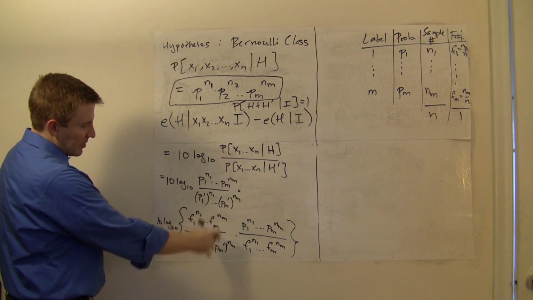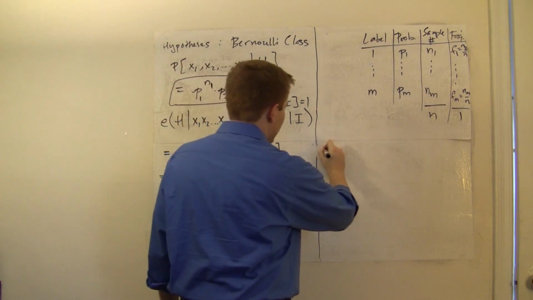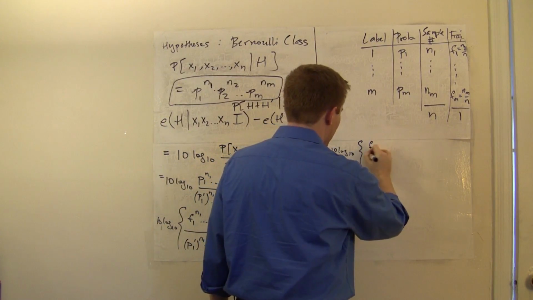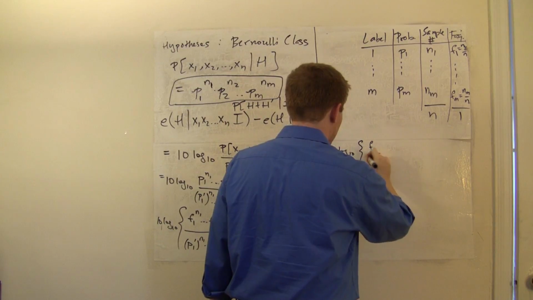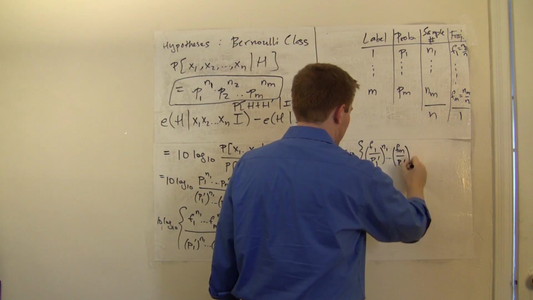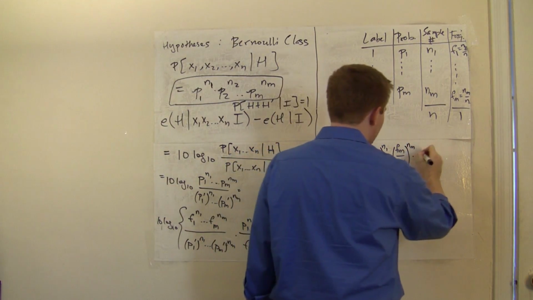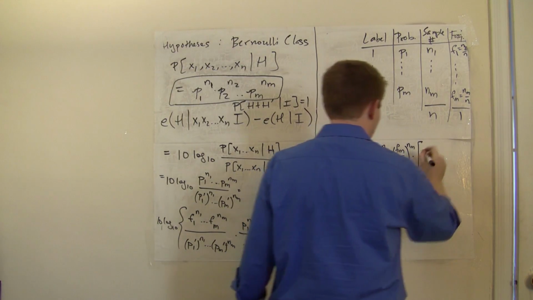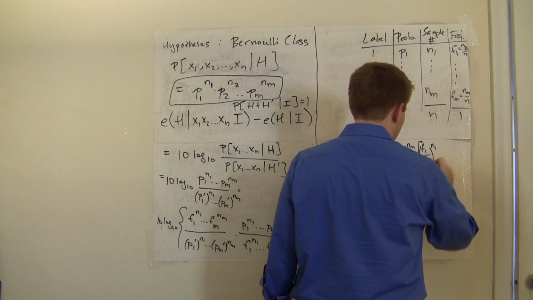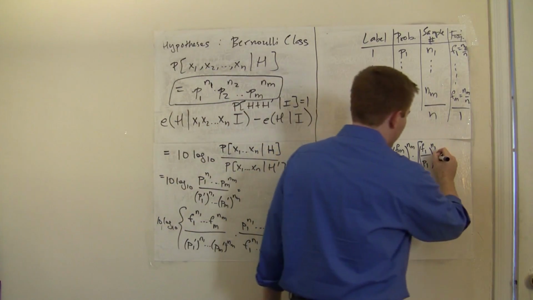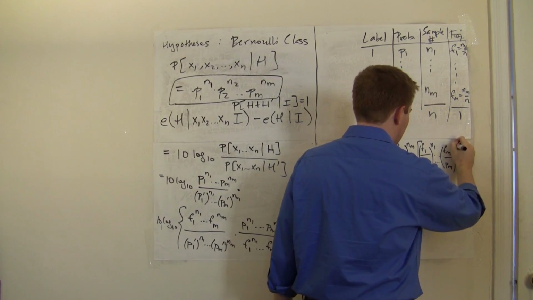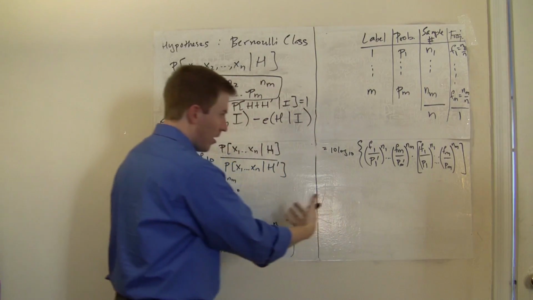All right, now let's start grouping together some of these fractions. So that would be 10 log of f1 over p1 prime to the n1 up to fm over pm prime to the nm, times f1 divided by p1 to the n1 times up to fm divided by pm to the nm, and all of that is going to be the reciprocal.